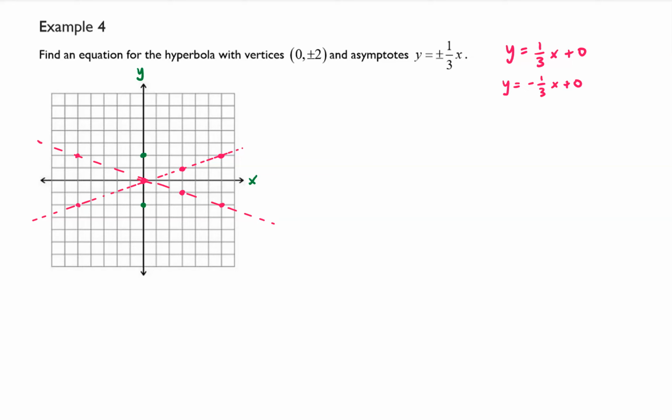Okay, but now that I have my vertices and my asymptotes, hopefully it's a little bit clearer where my box is located, because I know that it has to align with my vertex. So the box is looking like this.